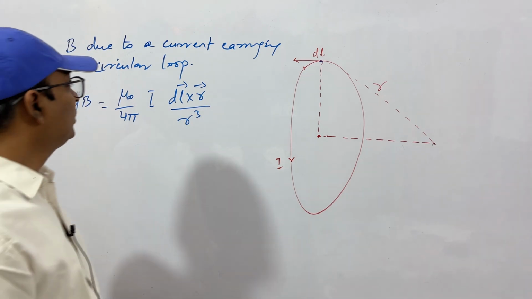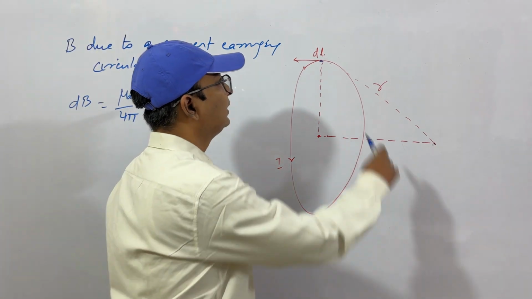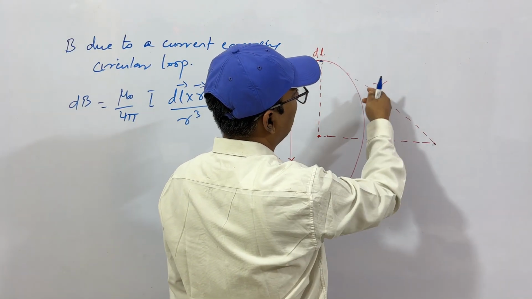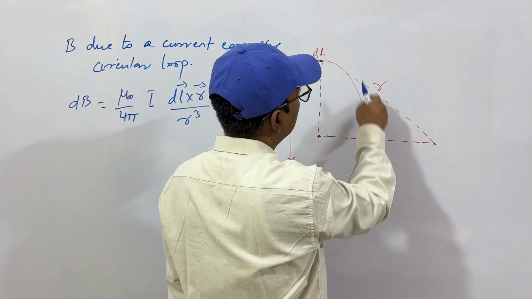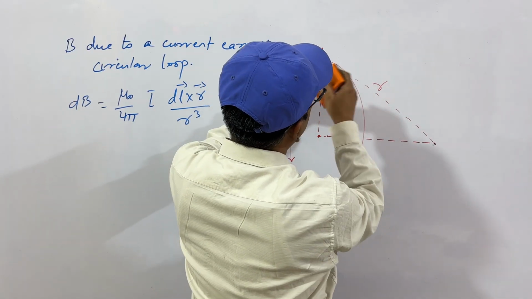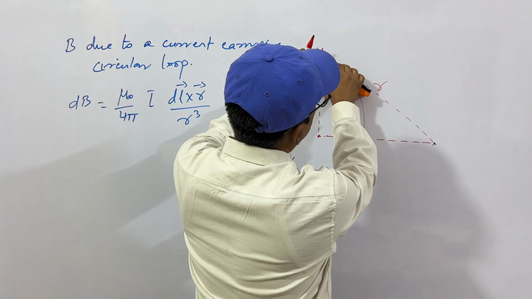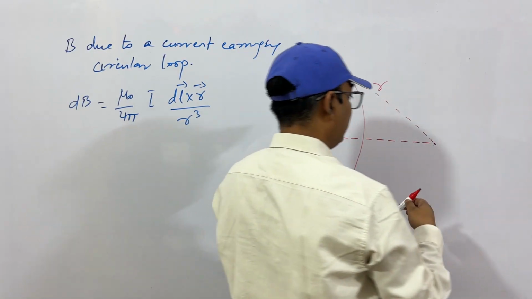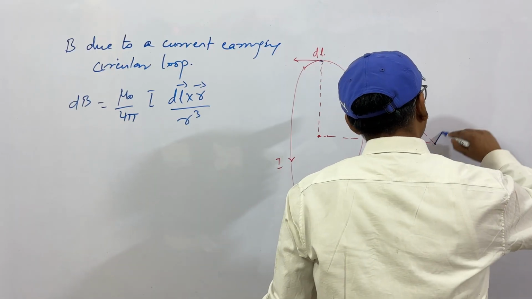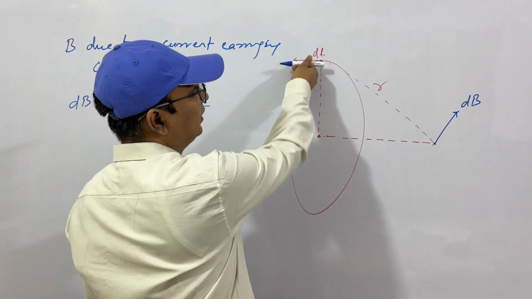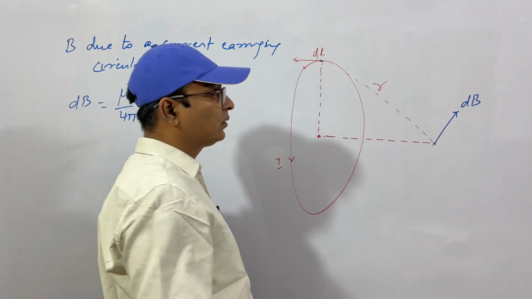What will be the direction? Now let's see the direction. This is the direction here, and this is r. dl cross r will be perpendicular to this and this. So the direction of magnetic field will be like this, perpendicular to these two, that is dl cross r.